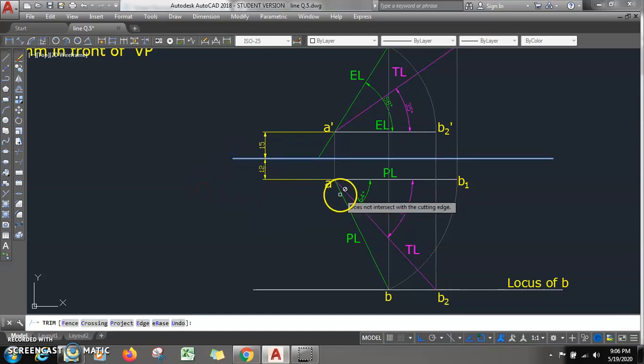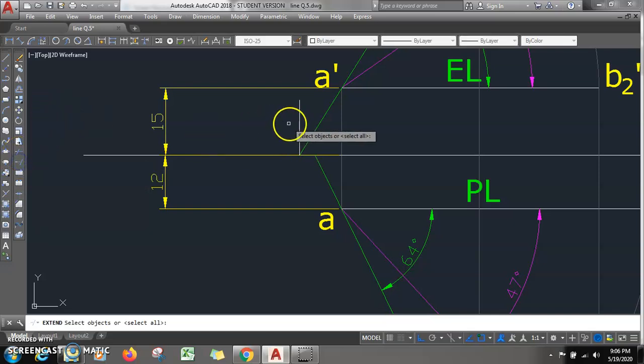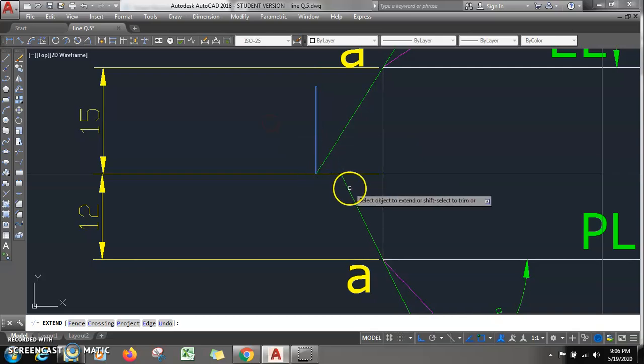This point becomes point V. Then from H dash draw one vertical, extend up to this, and this point becomes H. And from V draw a vertical and you will get V dash.